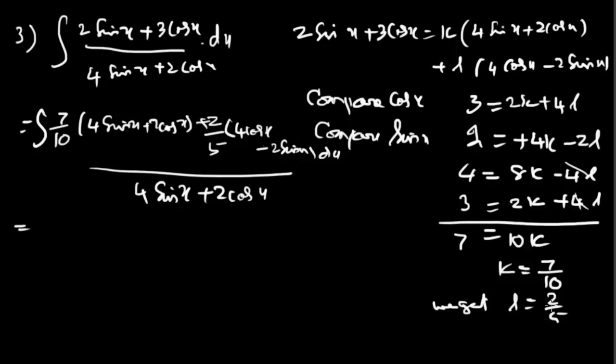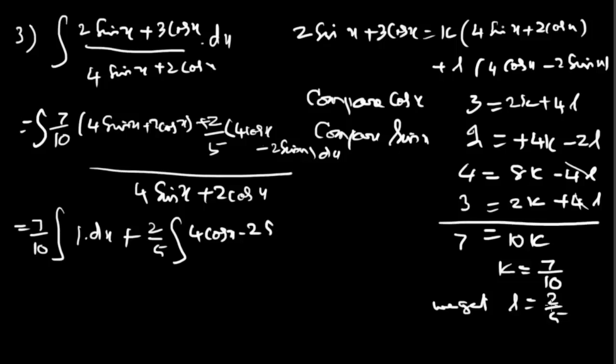It is two problems. 7 by 10 integral of (4 sin x plus 2 cos x) by (4 sin x plus 2 cos x), which is 1, into dx, plus 2 by 5 integral of (4 cos x minus 2 sin x) into dx by (4 sin x plus 2 cos x).